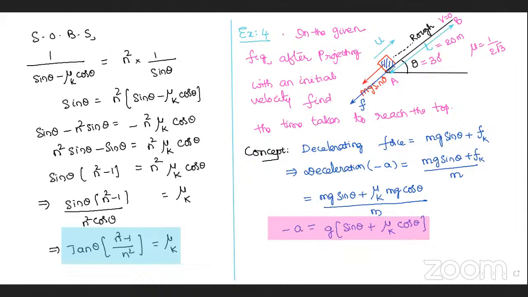If I know the deceleration, already we have the initial velocity, final velocity, distance, and the deceleration I found here. So V, U, A, and displacement S are related as V square minus U square is equal to 2AS.